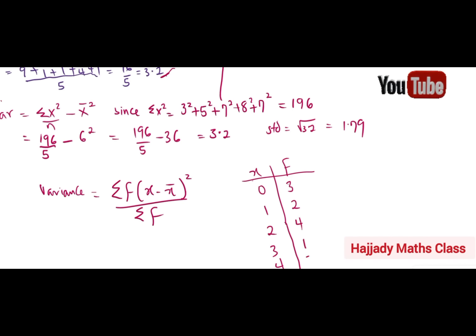I want you to use this to calculate the variance and also the standard deviation. Don't forget that the standard deviation is just going to be the square root of our variance, which is summation f into bracket x minus x bar all squared over summation f.